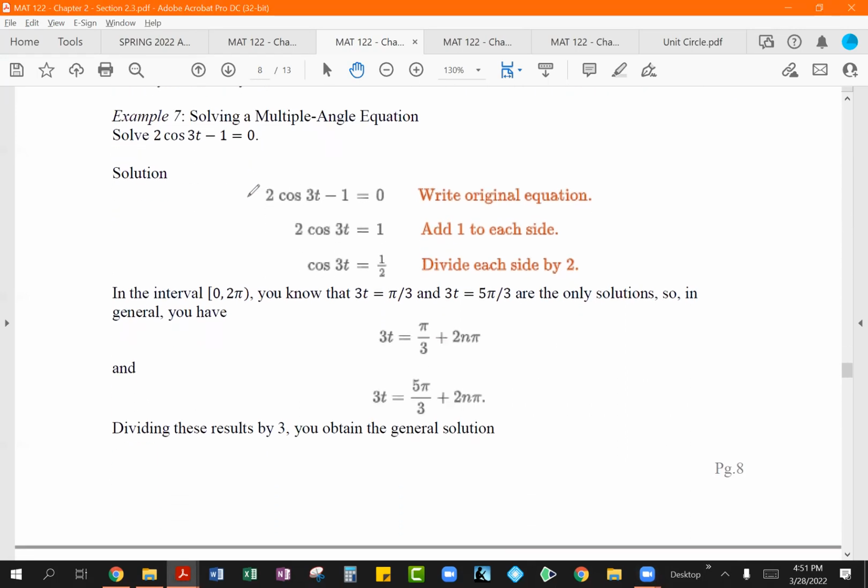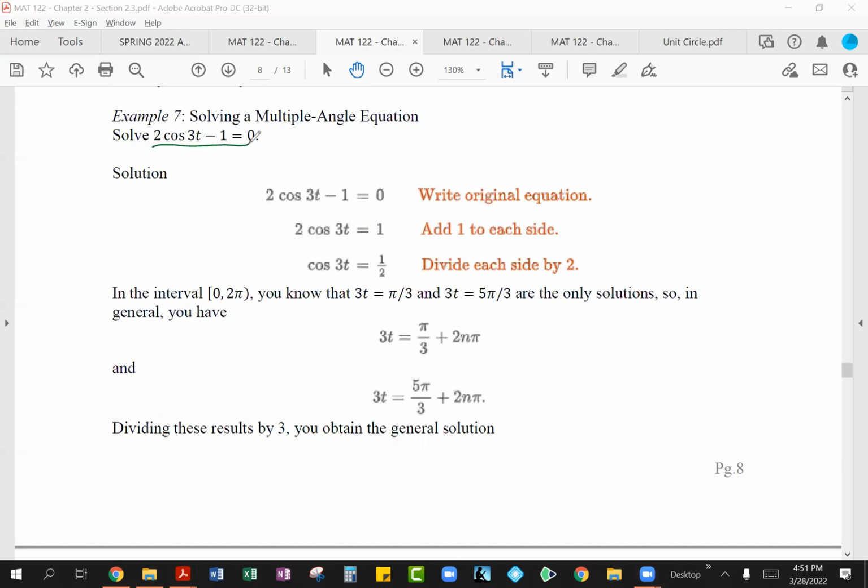So let's take a look at this guy over here. We are given 2 times cosine of 3t minus 1. We still want to isolate the cosine function first, before we start worrying about that multiple angle. So we start by moving that 1 to the other side, then we divide by 2 and move that to the other side. Once you have only the trigonometric function on one side, you again want to solve it like we just did.